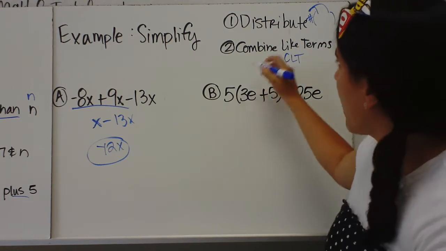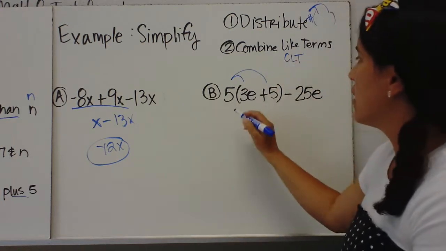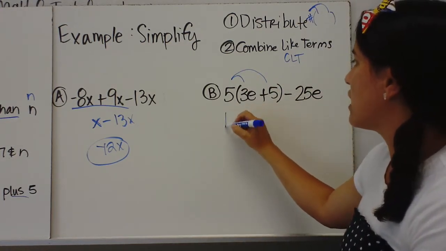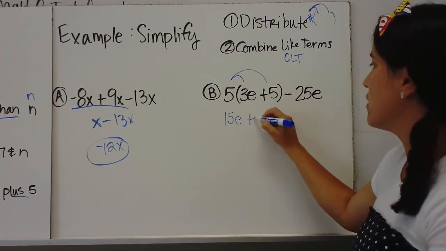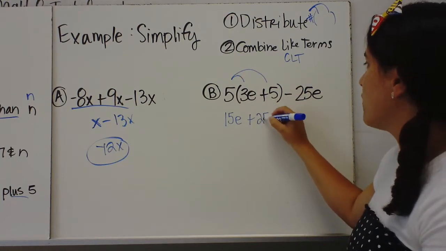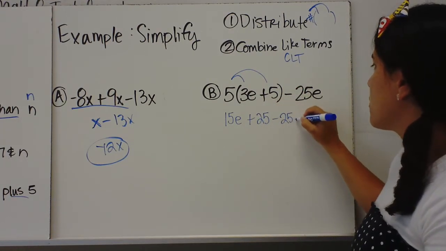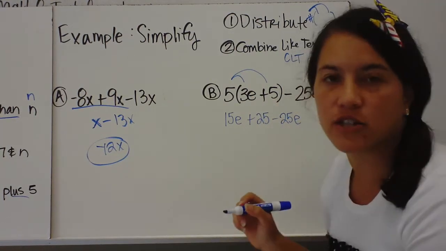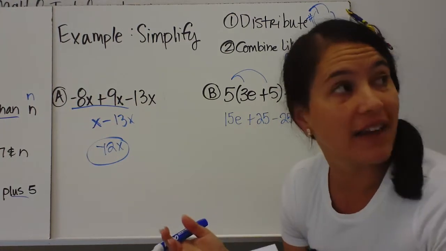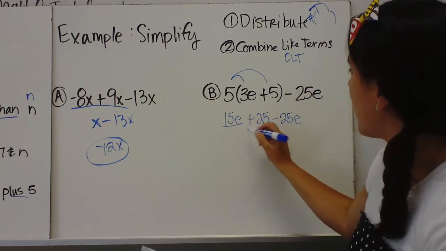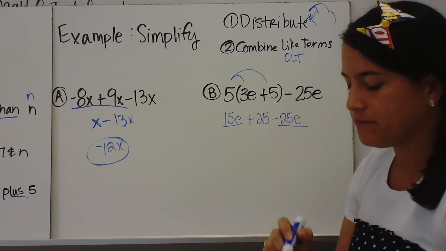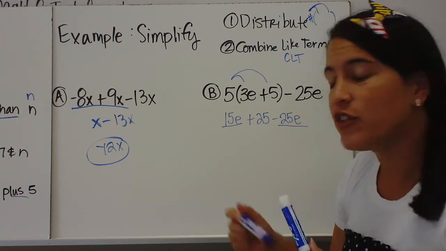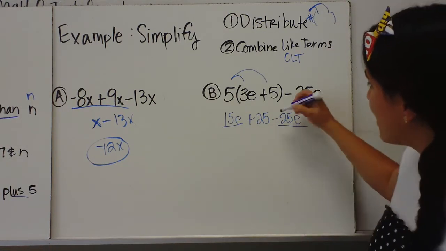Here we go. We have to distribute. So 5 times 3e is 15e. 5 times 5 is 25 minus 25e. So the first thing I did was I distributed, and now I'm going to combine like terms. So I can combine my e's. I have 15 e's right here, and I have negative.